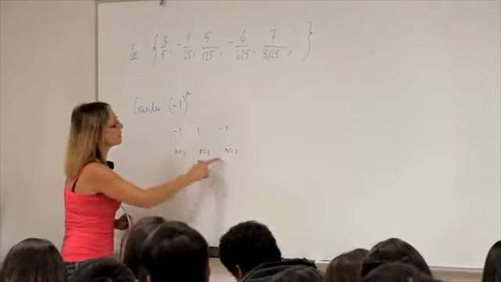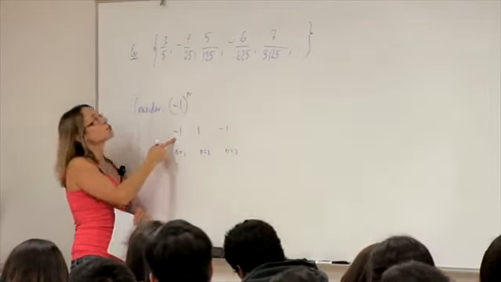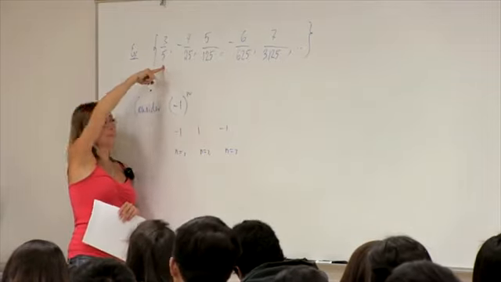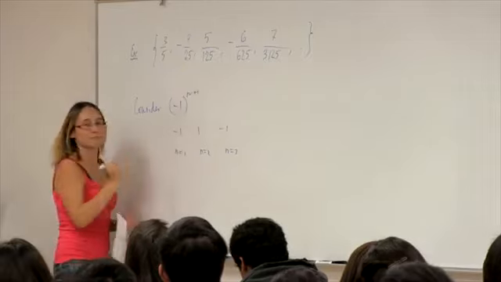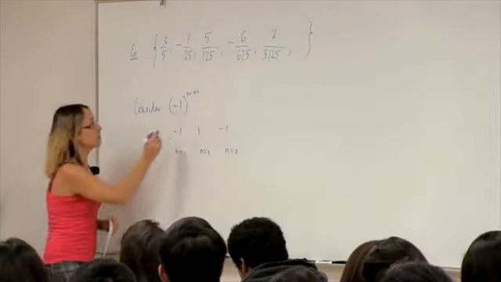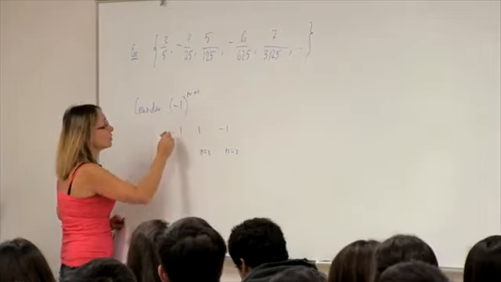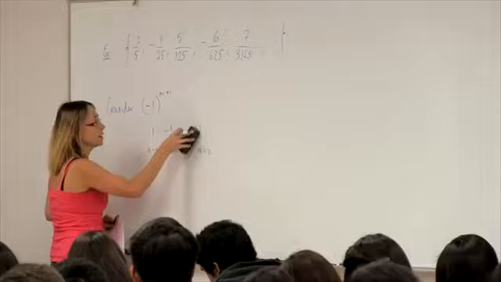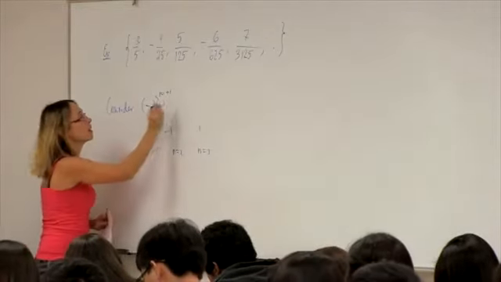But written like this, the first term has a minus sign, right? So how can I make the first term positive? I multiply by -1, or you can say it like this, right? So in this case, when n equals 1, I have -1 squared, so that's +1. n equals 2, I get -1. n equals 3, +1, and so on. So this gives me the right sign, okay?